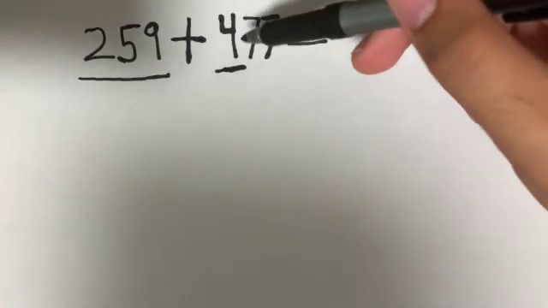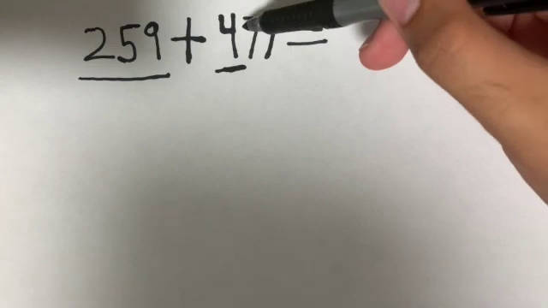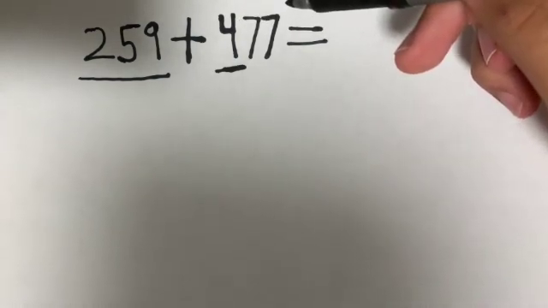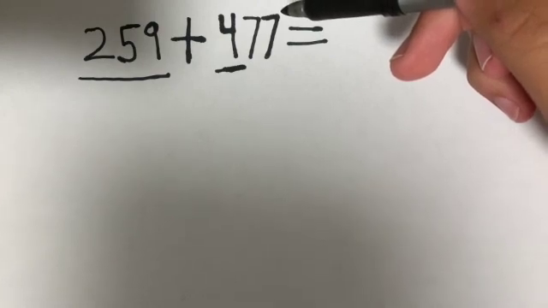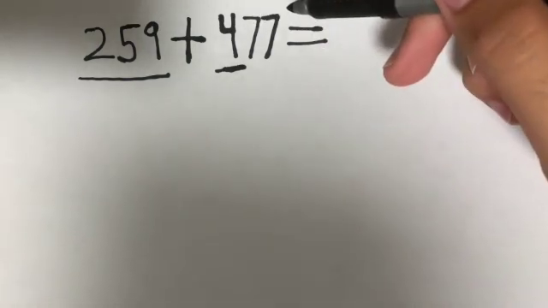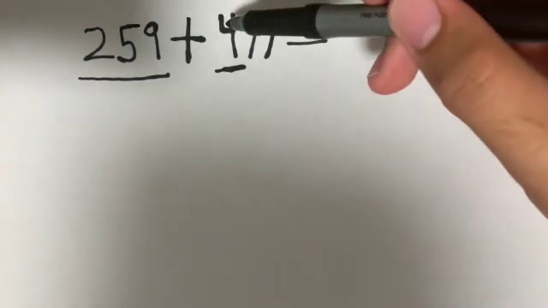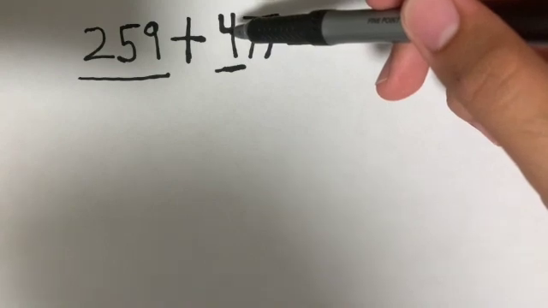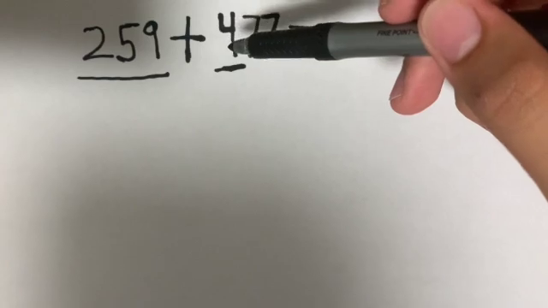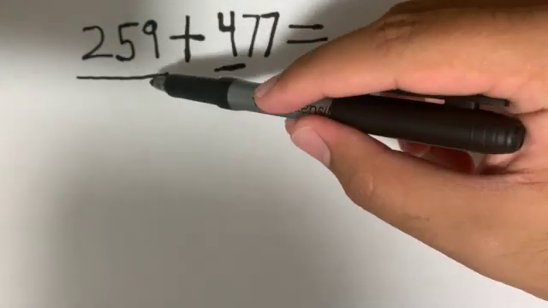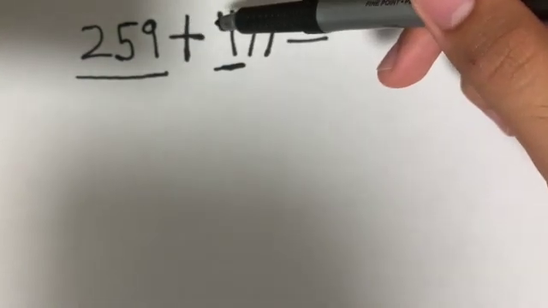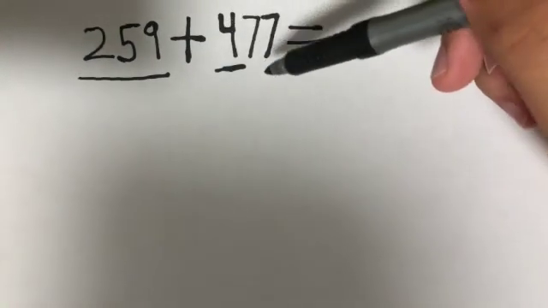Since this is the hundreds place and it's 4, we count up hundreds 4 times: 100, 200, 300, 400. So you get 400 right there. You add that 400 to 259, and 259 plus 400 is going to be 659.